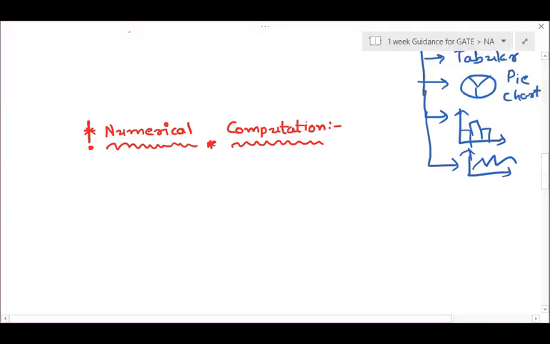In this, first let us begin. What is HCF and LCM? Chalo, who will tell me about this? HCF and LCM.